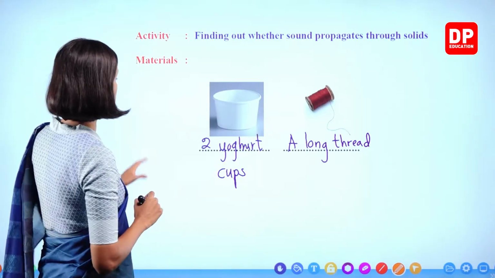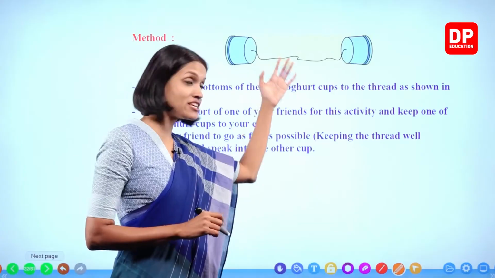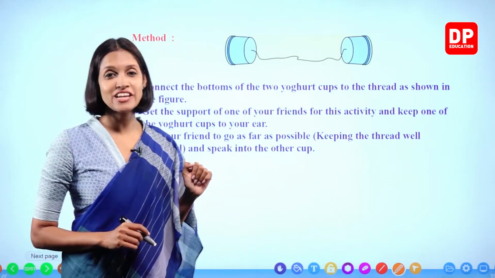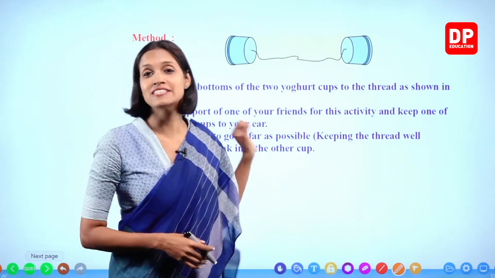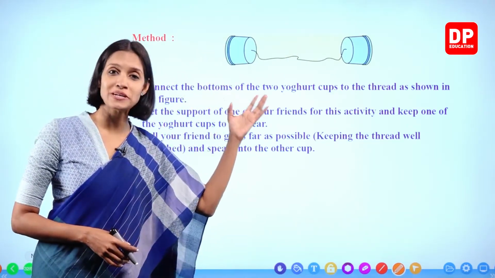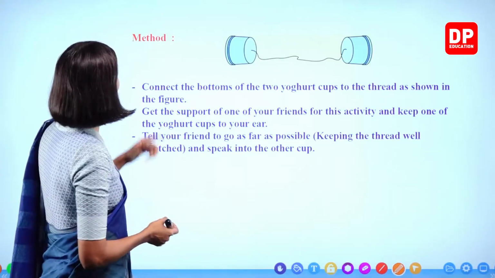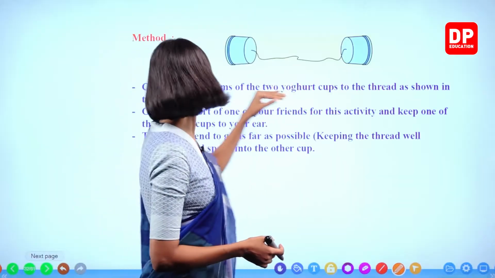Right? 2 yogurt cups and a long thread. Right. Now when you see this structure, you all know that you have done this when you were small. Right? When you're in your primary grades, you all have done this activity. You can still do this activity and check what happens. Okay? So connect the bottoms of the 2 yogurt cups to the thread as shown in the figure.